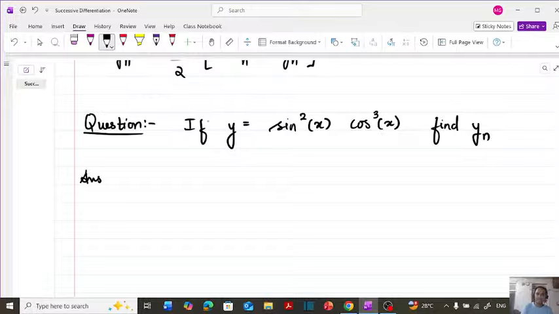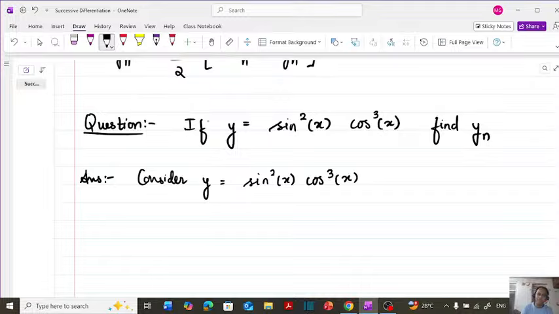So the answer for this is going to be, let's see how it works. First you have to consider y. So sine square of x, and then there is cos cube of x. So this can be written as sine square x cos square x, and then there is cos x.